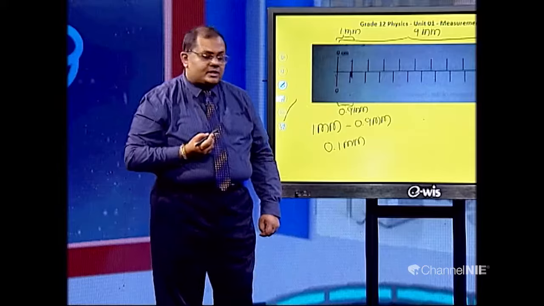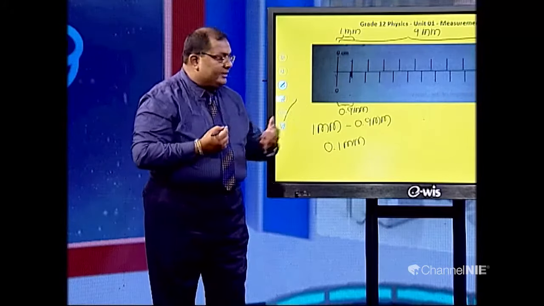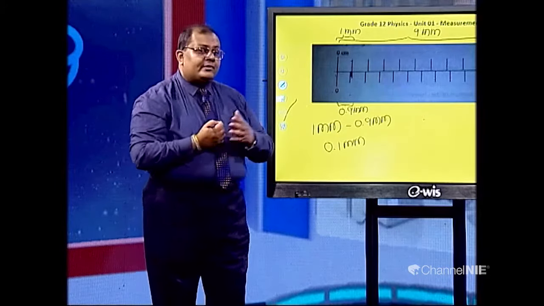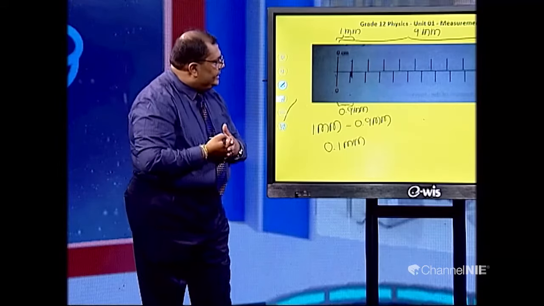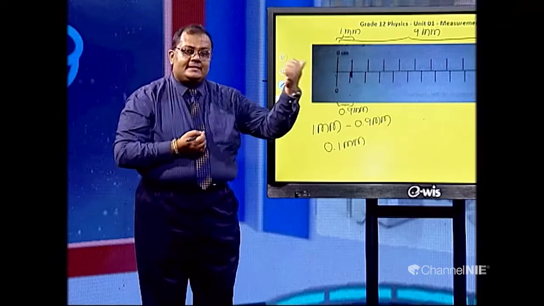That means we can measure multiples of 0.1 millimeters. So we reduced the least count to 0.1. Then what is the general equation for this? Normally we can take the least count of the main scale simply as A.